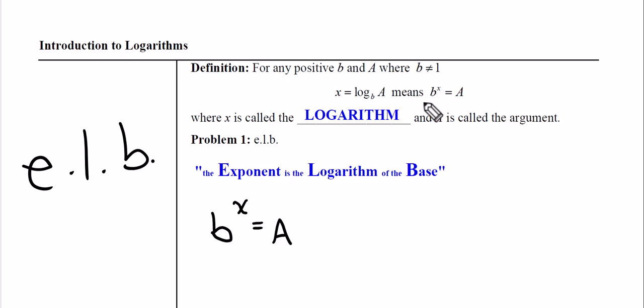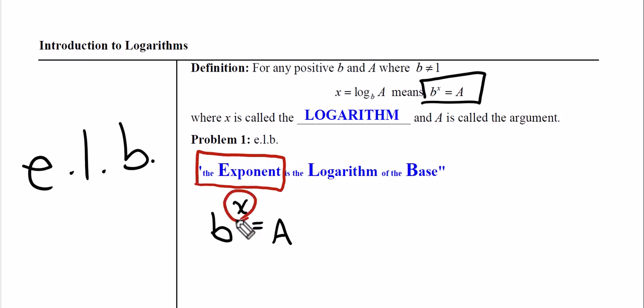But let's take, for example, the original problem, right? Well, what is the exponent? Literally, it says the exponent. Well, the exponent is x. So the exponent means x. What does is mean? Oh, right?